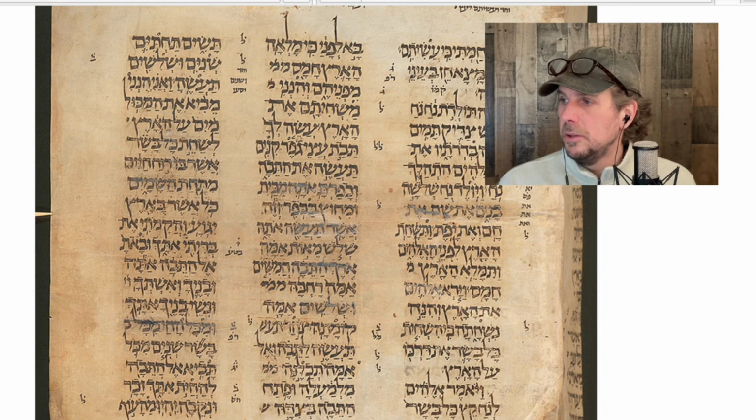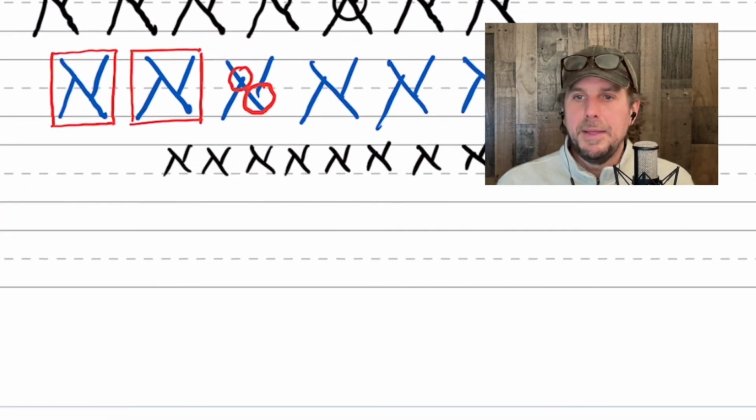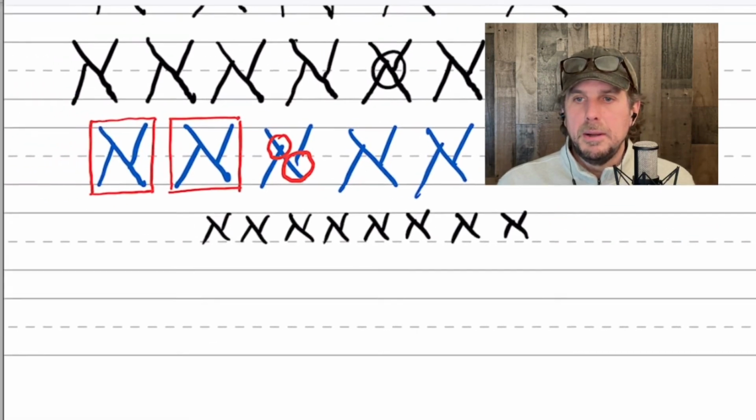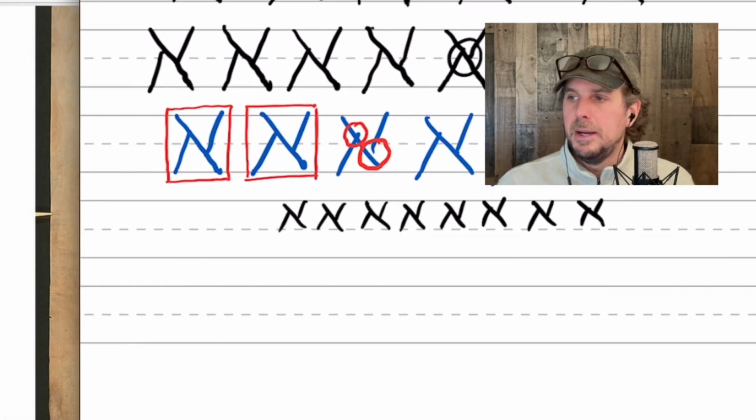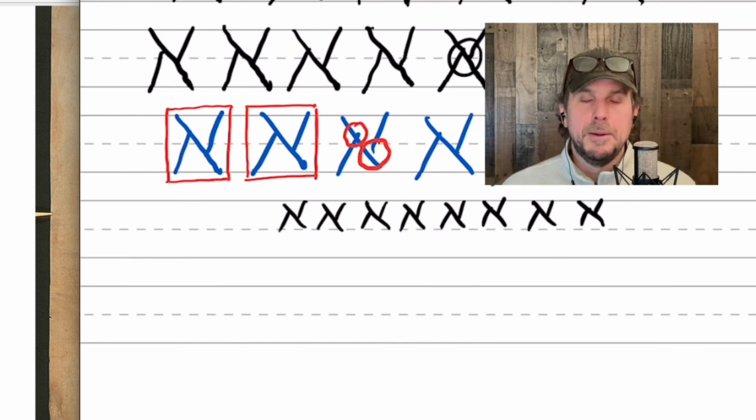I'm not going to be looking at the Paleo-Hebrew letter Aleph at this point. Perhaps when I finish going through all the letters of the Hebrew alphabet, we can go back through and, at a more accelerated rate, review the history of what we call the Paleo-Hebrew alphabet.